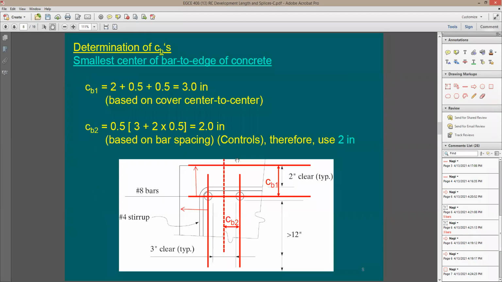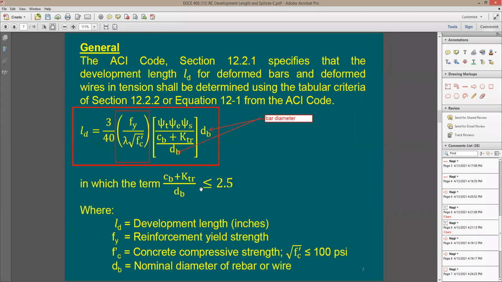When you use this equation, you also have another cap. Look at this. When you take the CB plus the KTR, which now becomes 0, I'm going to say now this becomes 0. It needs to be less than 2.5. So if this CB divided by DB turns out to be, let's say, 4 or 5, just use 2.5 in this equation. That's it. It's going to be like a cap value.